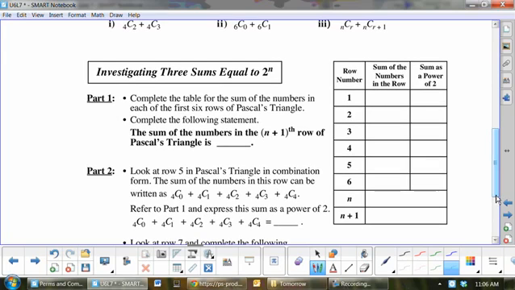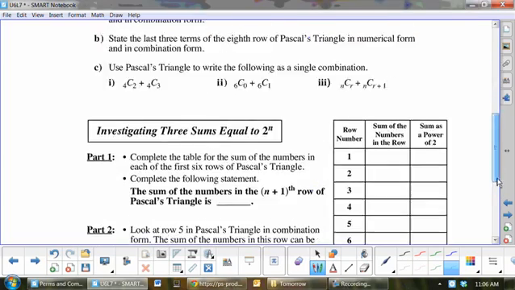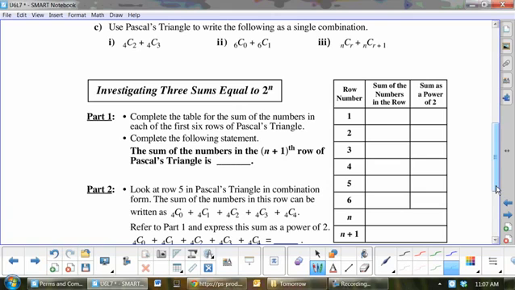Now, I want you to add up. There's the plot thickens here. Add up all the numbers in the first row. What do you get? Look at the very first row. Add them up. Very first row up here. What do you get? Good.